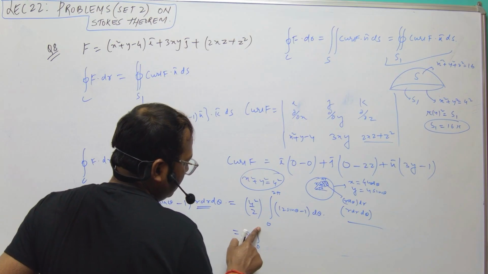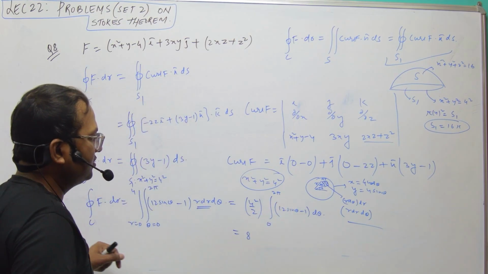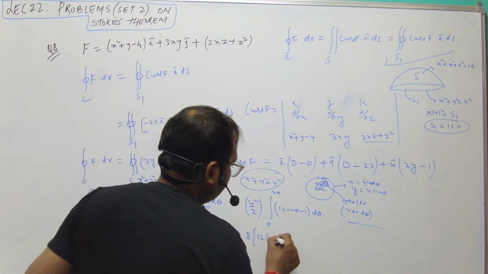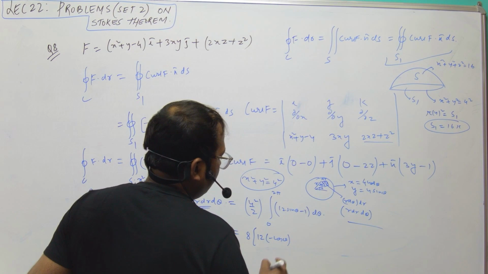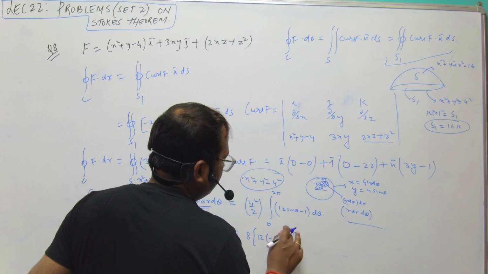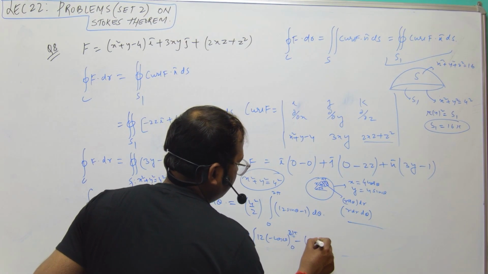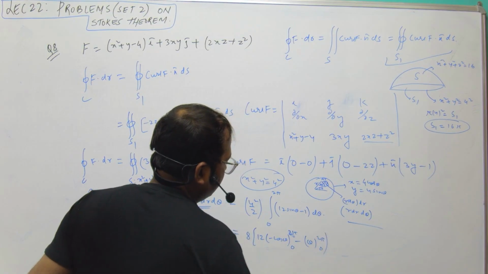The integral of sin theta is minus cos theta, so this is 12 times of minus cos theta, and the limit is 2 pi or 0, and this is minus of theta, and limit is 2 pi and 0.